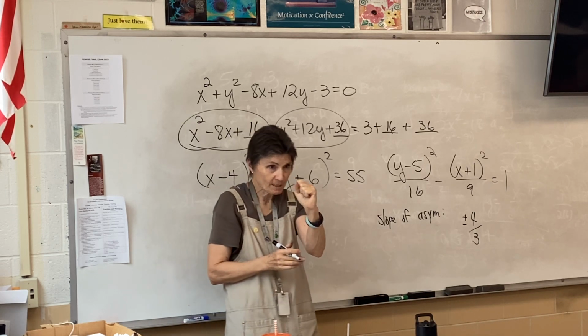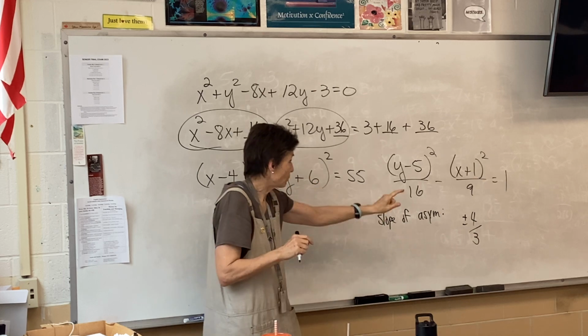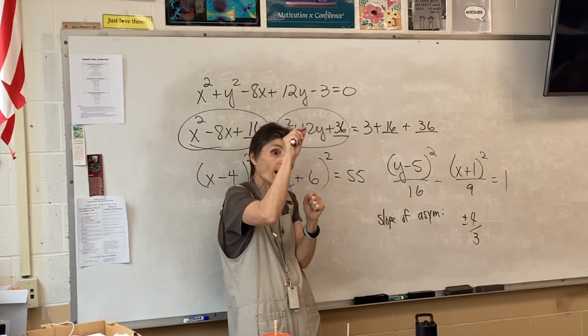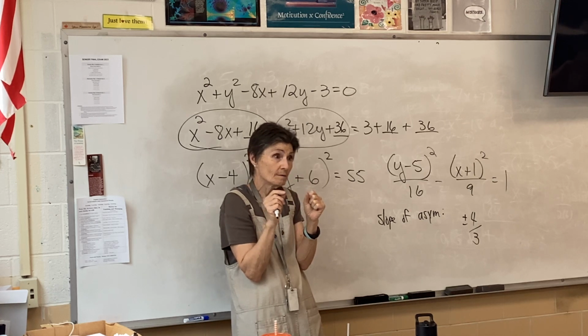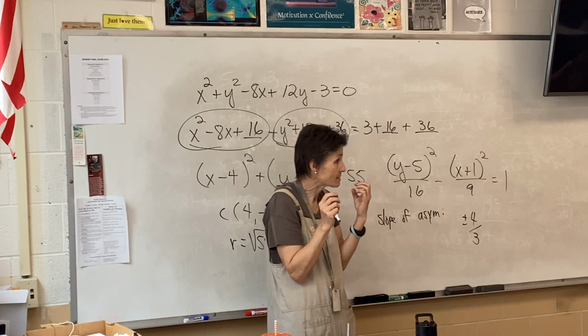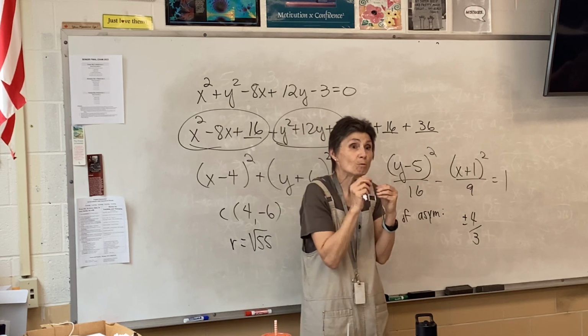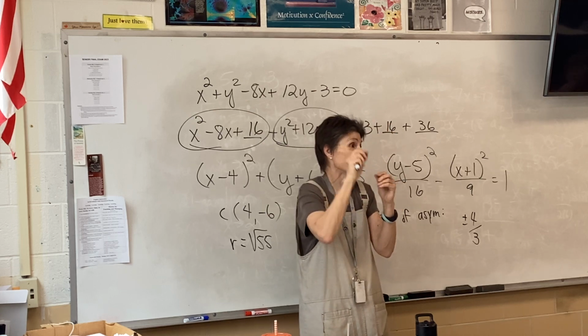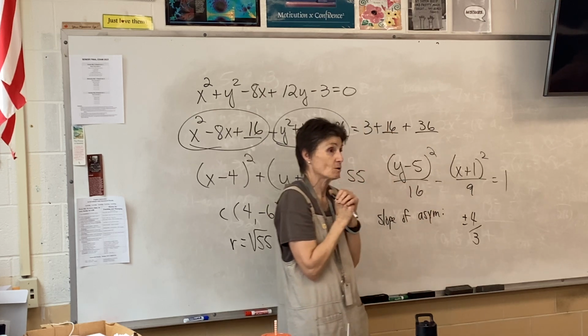Now put your center somewhere. And then, what does that tell you? It's under y. That's telling you you're gonna go up and down 4. And then this guy under x tells you you're gonna go sideways 3. So when you build the box, you're building your asymptotes. Up 4 over 3. That's the slope of your asymptotes.